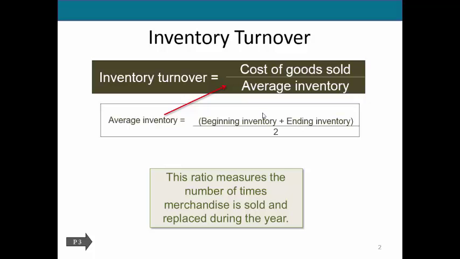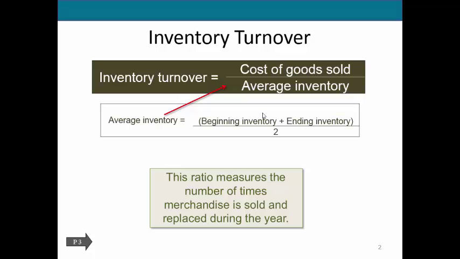Next, we'll look at inventory turnover. Similar to accounts receivable turnover, the inventory turnover tells us, okay, we're purchasing inventory. How efficient and how effective are we with turning that inventory into sales? So this tells us the number of times in a year that we are purchasing and selling our inventory.